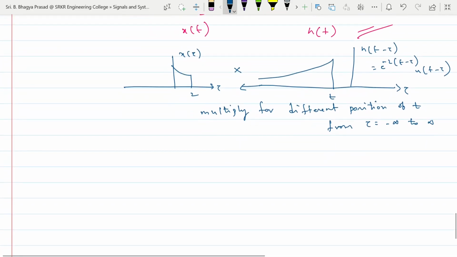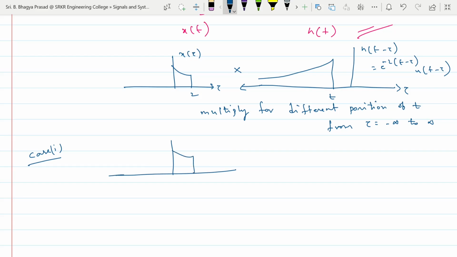So now the first case. This is like this and this is like this.